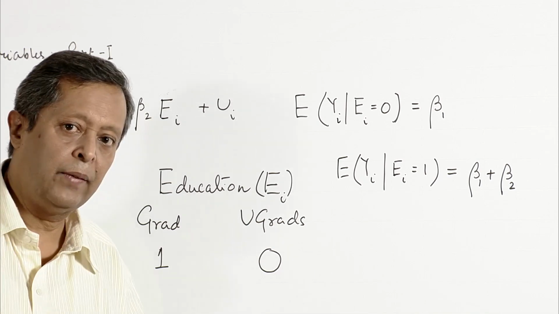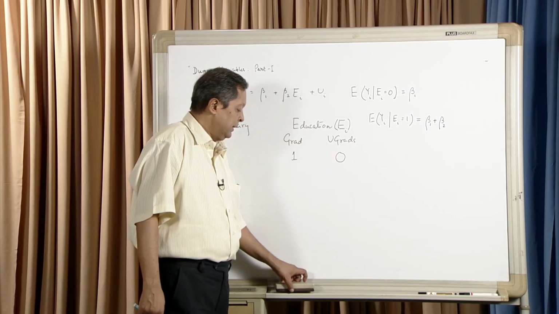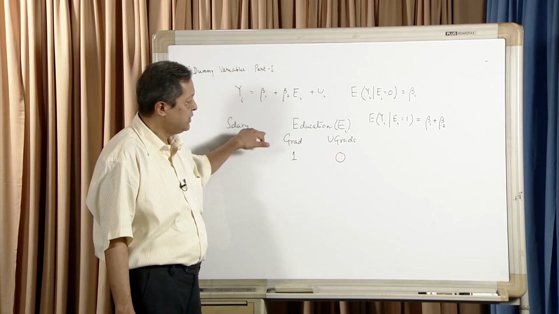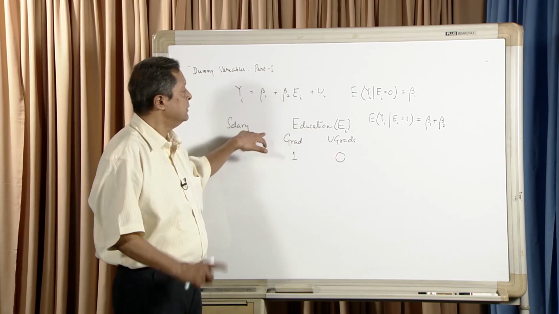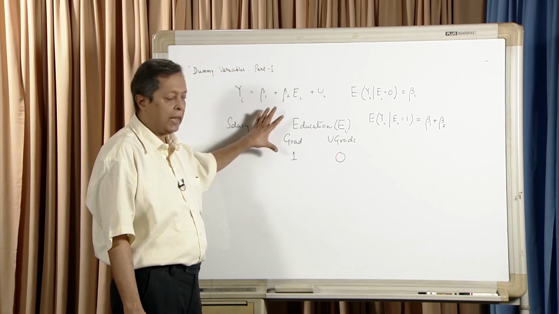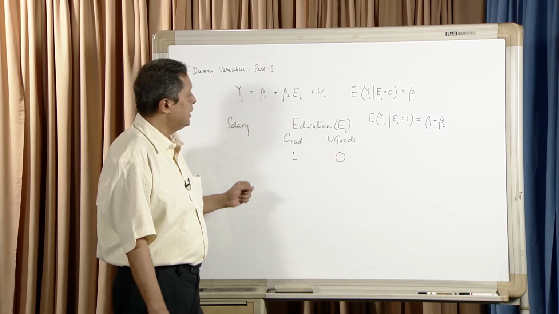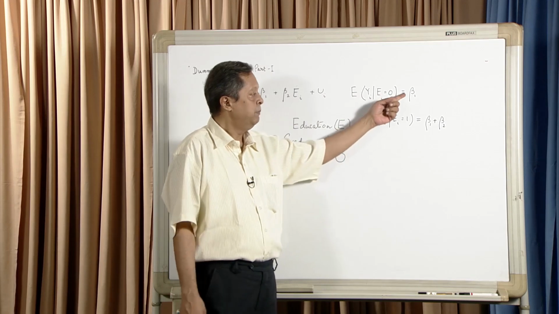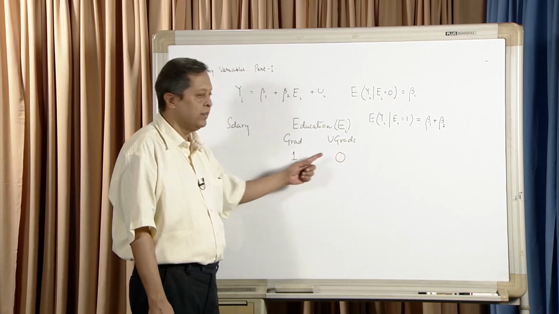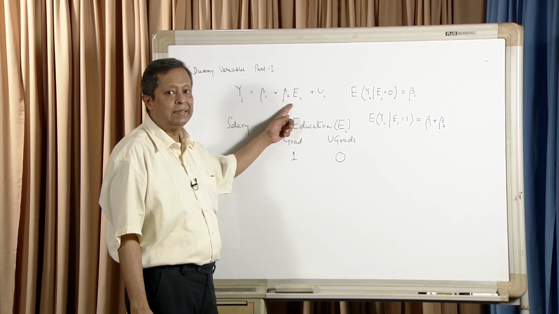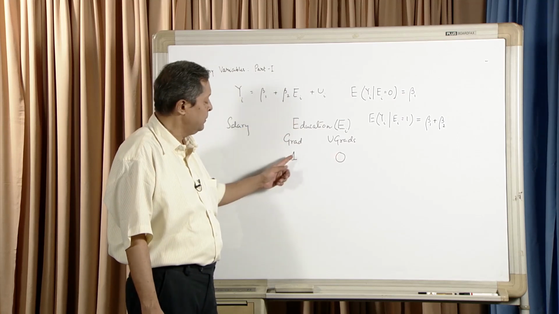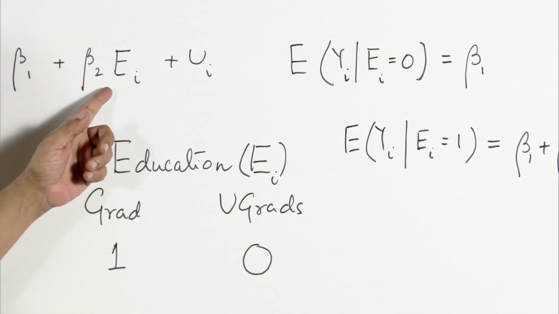One more thing that we have to keep in mind is, if, as in this case, we have one particular feature that we are trying to capture, that is, the effect of the education level, and if there are two possibilities, 1 and 0, then we keep one dummy variable. Two possibilities, we keep 1 dummy variable.